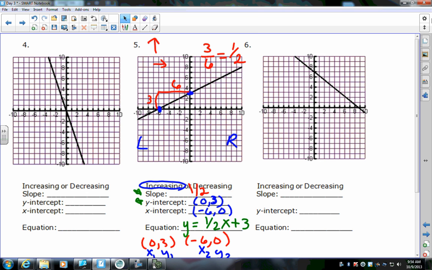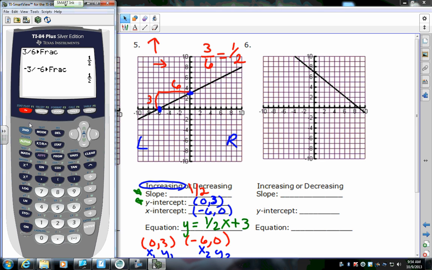To make sure that you did it right, go to the calculator, go to y equals, and put in there 1/2 x plus 3 and press graph. Your line should match that. That's one of the biggest reasons you do that, is so that you make sure your slopes are positive and negative and you're doing them in the right direction.